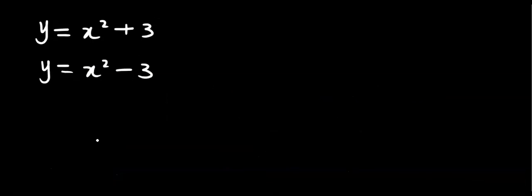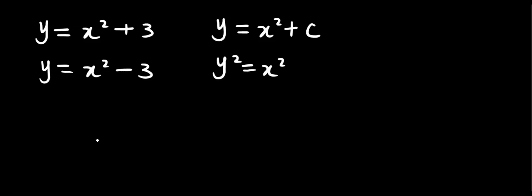We surely did not forget this form. This form is called the y equals x squared plus c form. Y equals x squared plus c. Okay, so this plus c is positive 3. This one, c is negative 3. What's happening? When you see this form, a vertical translation happened.